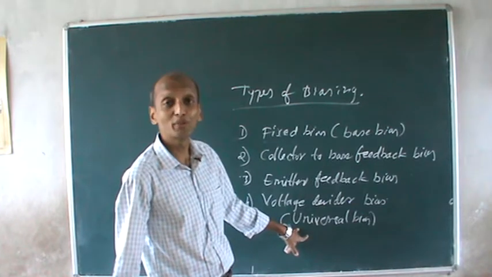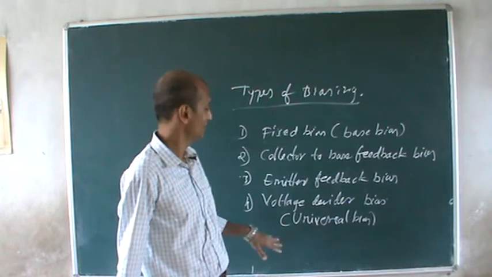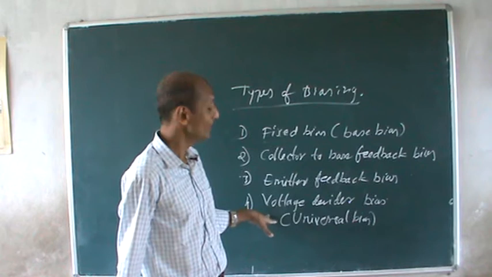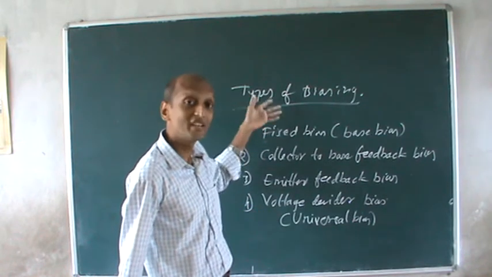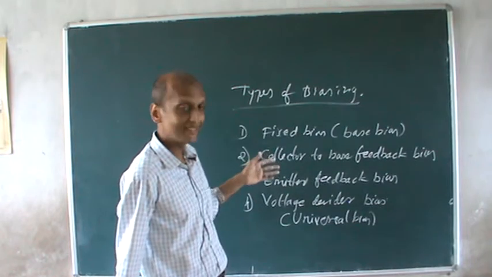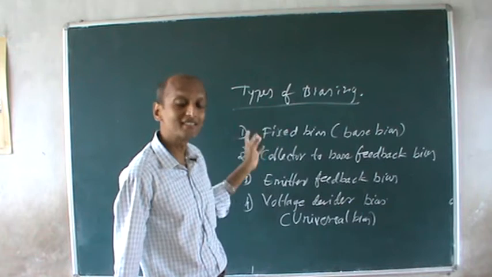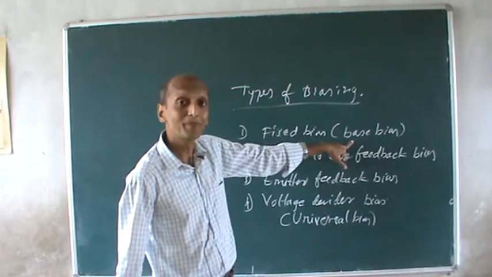It is also called universal bias. Universal bias can be used in all circuits without any problem, and it uses only one bias voltage. For different bias techniques, we will be biasing the transistor in different ways. So this is fixed bias, which is also called base bias.